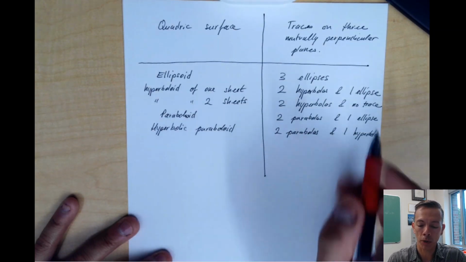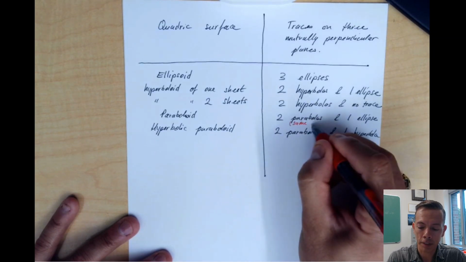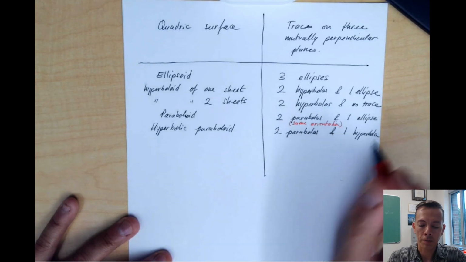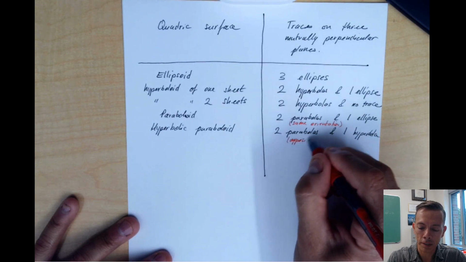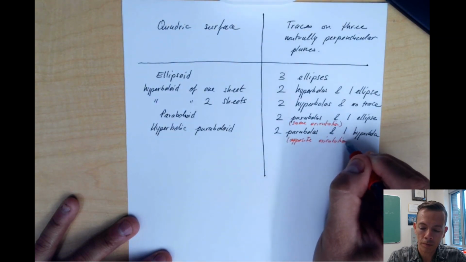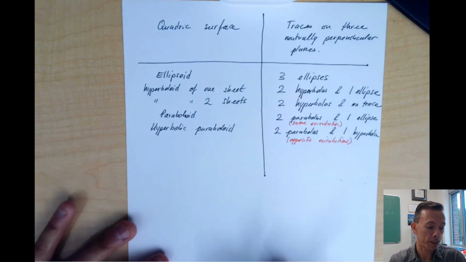If it's a regular paraboloid, these two parabolas have the same orientation. If it's a hyperbolic paraboloid, the two parabolas have opposite orientations. So another way to confirm that you identified it correctly.